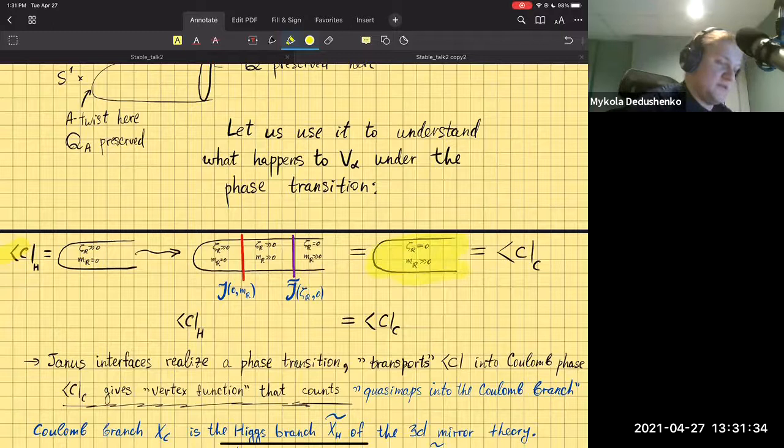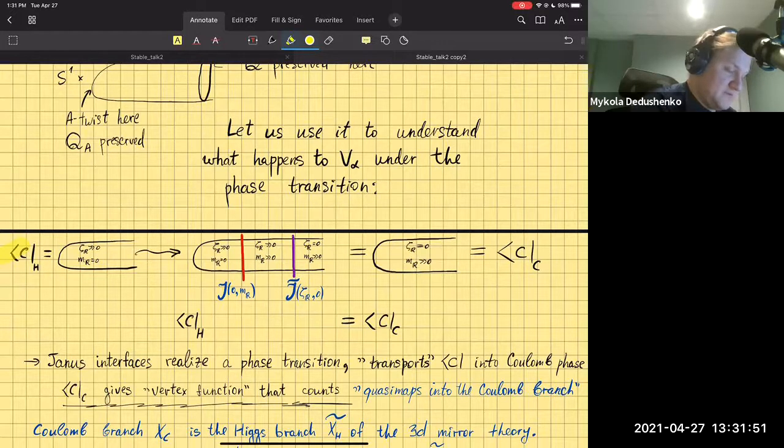And what is this? Well, it also generates a certain state in the Hilbert space. Now the subscript C stands for the Coulomb phase, because now we have zero FI parameter and large mass.